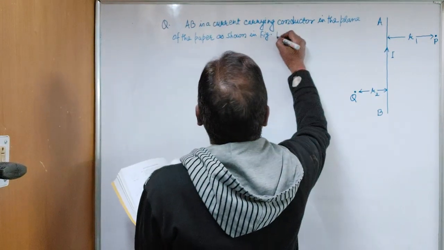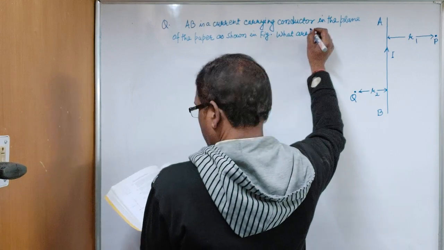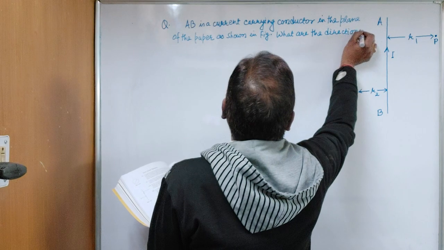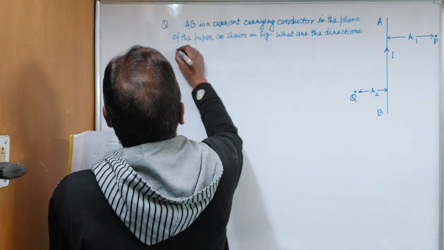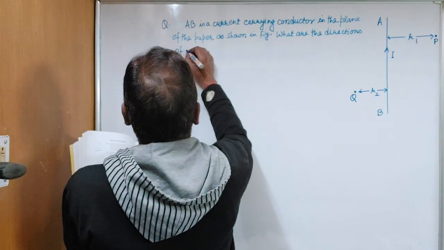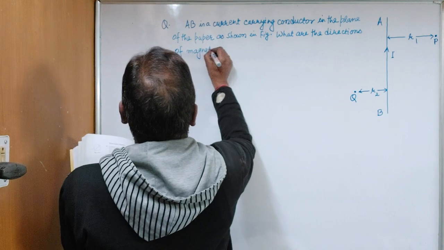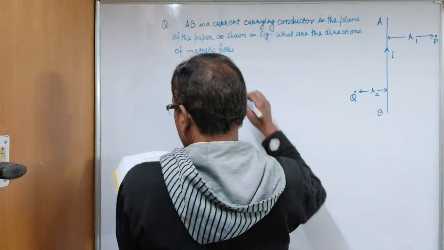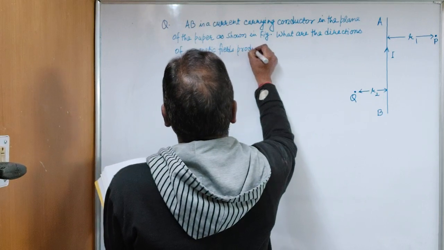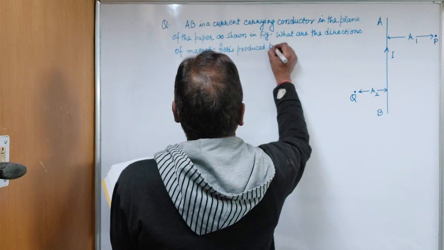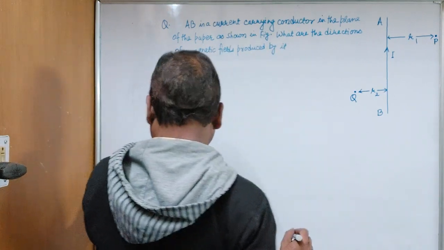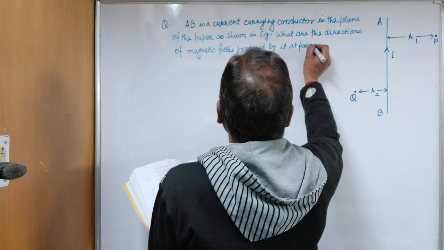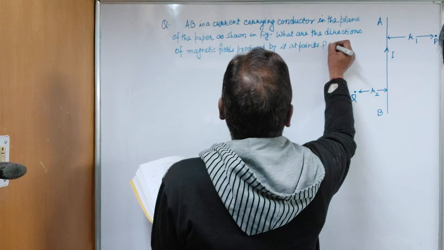What are the directions of magnetic field produced by it at points P and Q?